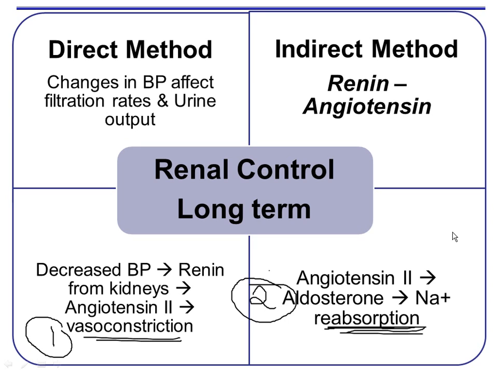It also causes production of aldosterone, which acts in the kidney to increase sodium reabsorption. So if you take sodium out of the filtrate and you put it back into your blood, that means you're also putting water back into your blood. You will increase blood volume, which will also increase pressure.